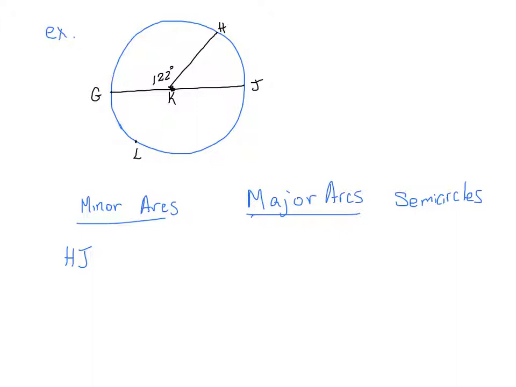So to say arc, you put a little arc over it. And to say we're interested in the measure of this arc, we put M before it. So now I'm saying, what is the measure of arc HJ, or the measure of arc HJ is equal to.